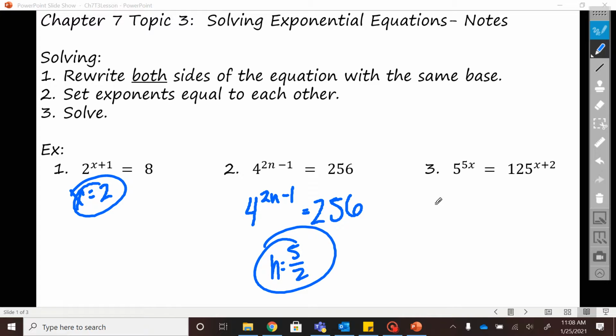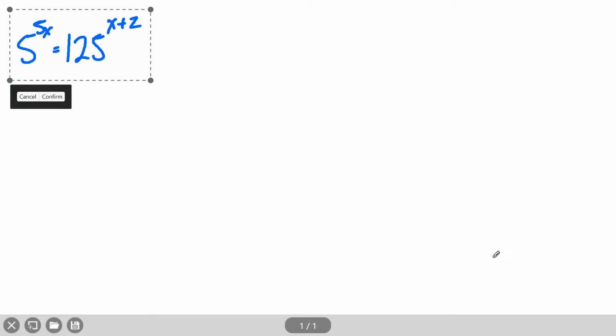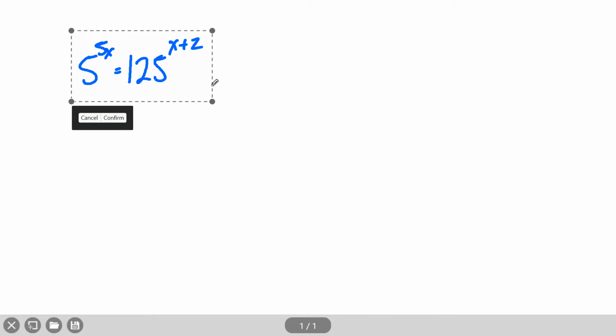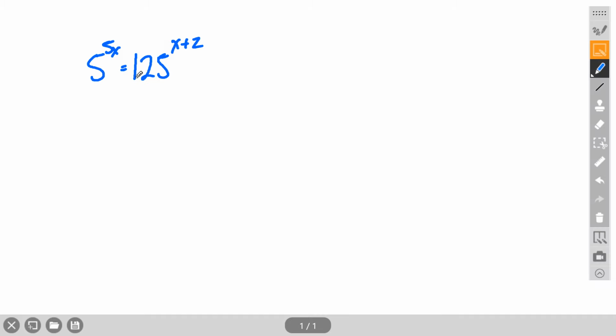All right, number 3, we've got 5 to the 5x equals 125 to the x plus 2. This one's a little bit harder because they already have bases, but they have different bases. This is 5, this is 125.